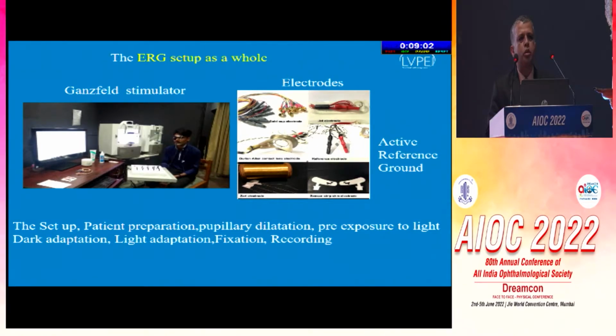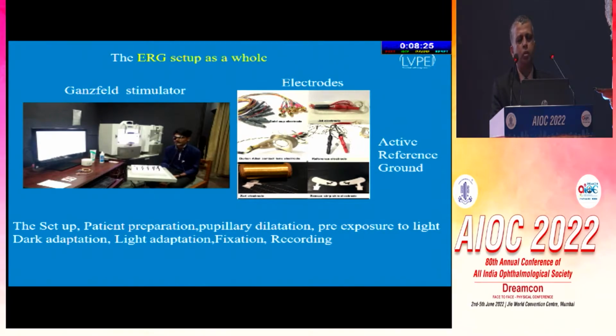The active electrode is the one that picks up the signals, and there can be various types of electrodes, ranging from contact lens electrodes to skin electrodes. When the electrodes are contact lens, the pickup of the responses and the amplitude are better compared to skin electrodes, which have waves at a low amplitude. The other electrodes, as shown here, include gold foil electrodes, DTL electrodes, and skin electrodes.